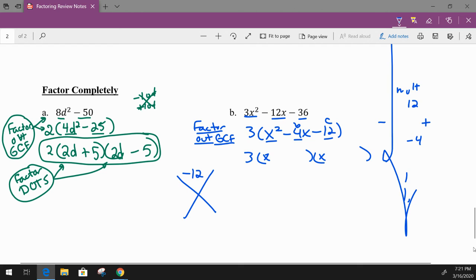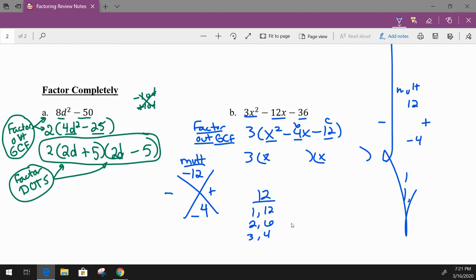So -12 and -4. All right, so they have to multiply together to equal -12. Since it's negative, your signs have to be different. But the larger one is going to have to be negative in order to get this middle term to be a -4. Your factors of 12 are 1 and 12, 2 and 6, 3 and 4.